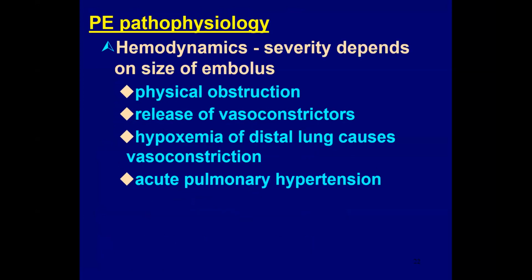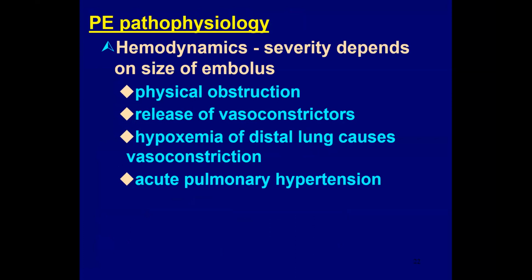So the pathophysiology, the hemodynamics, the severity depends on the size of the embolus. The larger the embolus, the worse the damage. The pathophysiology includes physical obstruction of the artery. Also, when the embolus forms, we get a release of vasoconstrictors.